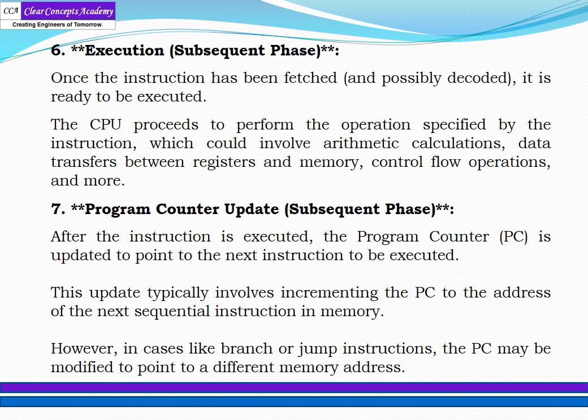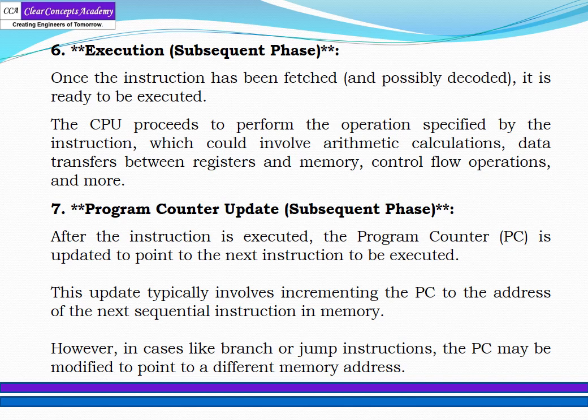Suppose, for example, in a hypothetical case, the instruction at location 100 is being executed. Then next it will have to get the instruction from 101. This is logical. But suppose the instruction says jump to 200.